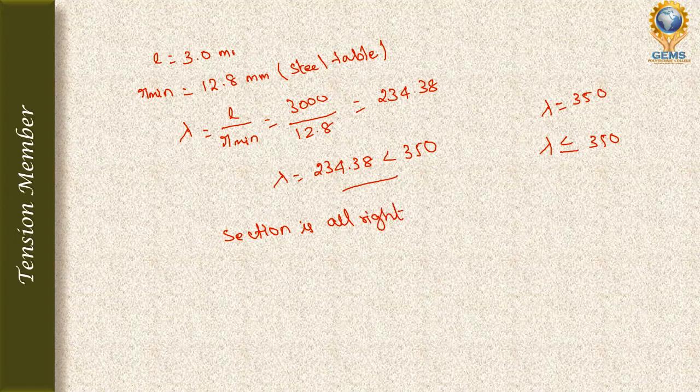So once our section is safe and is all right in the slenderness ratio, then we go for the design of fillet weld.